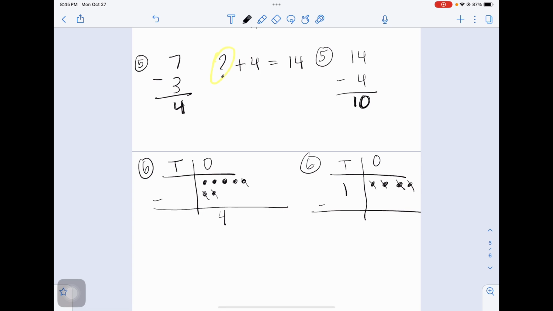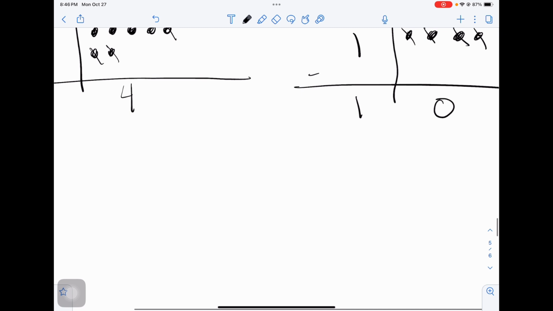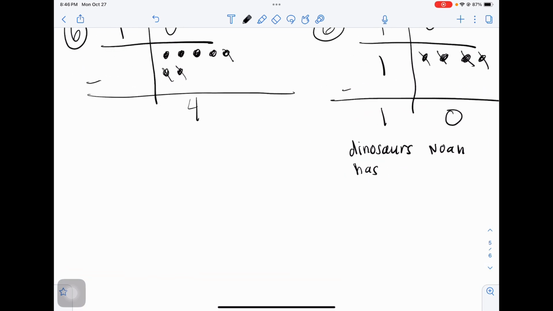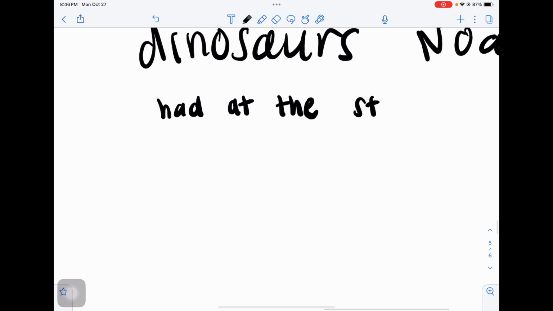That is 0, and bring down the 10. 10 dinosaurs Noah has. Dinosaurs Noah had at the start.